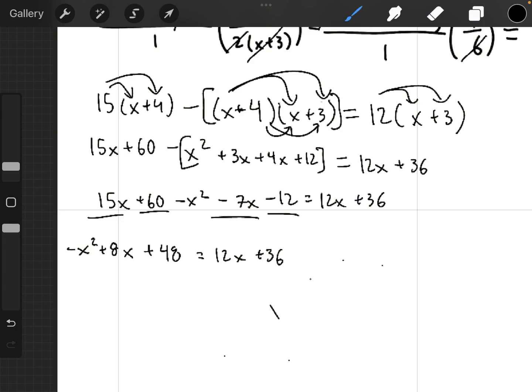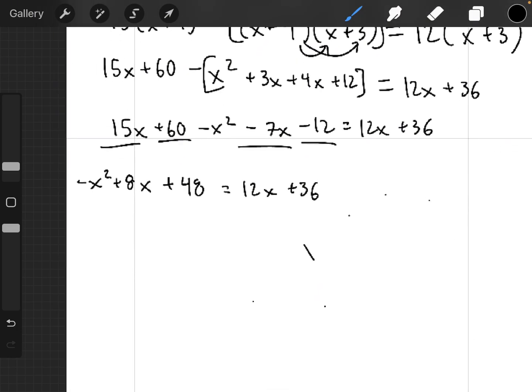Now we can isolate our variables. Subtract 12x on both sides. We have negative x squared minus 4x. We'll subtract 36 on both sides. Plus 12 equals 0.